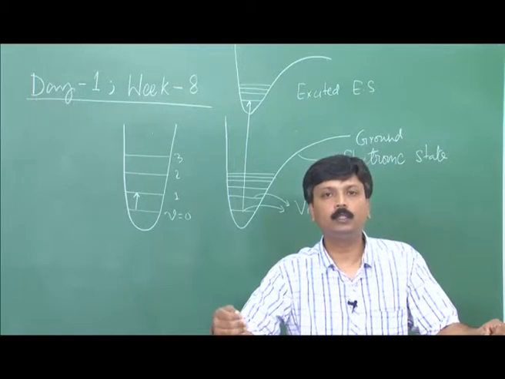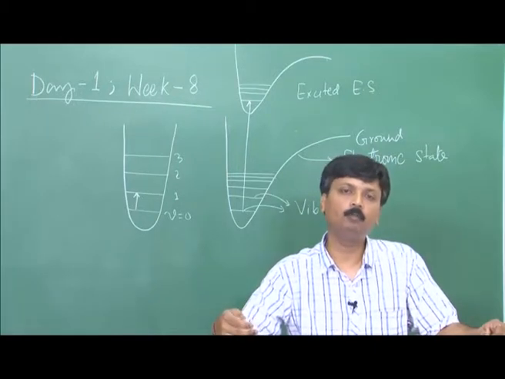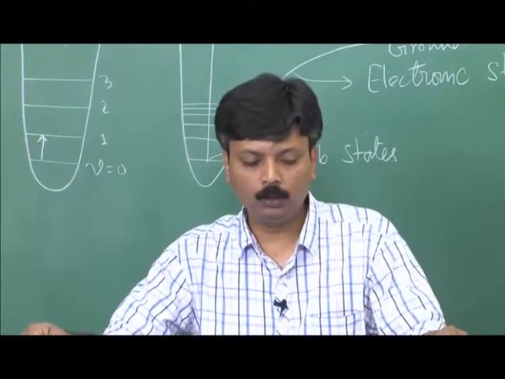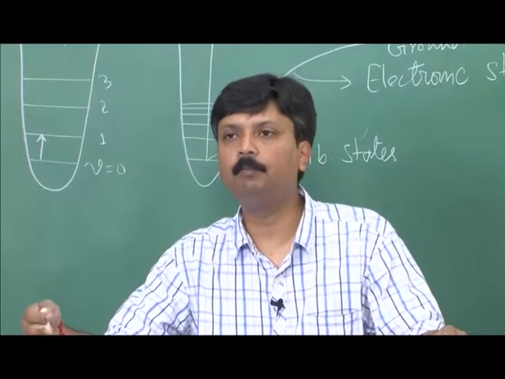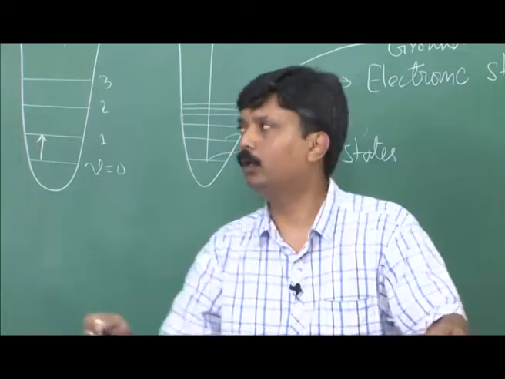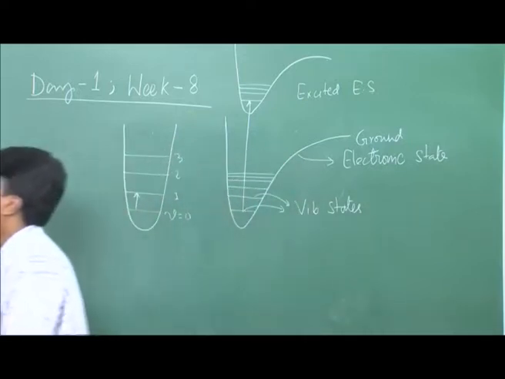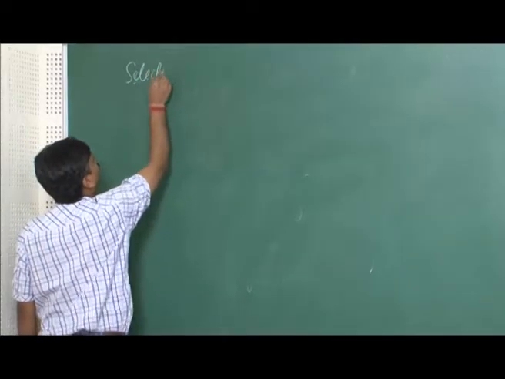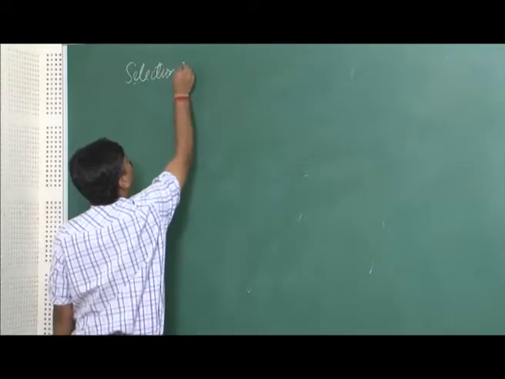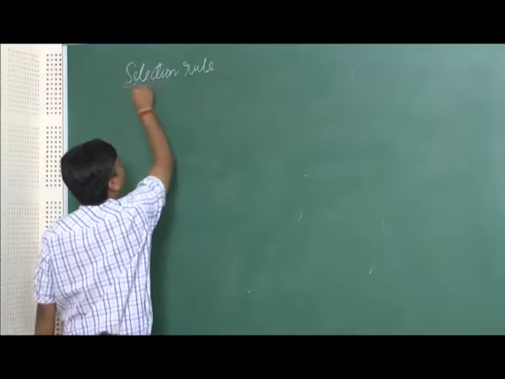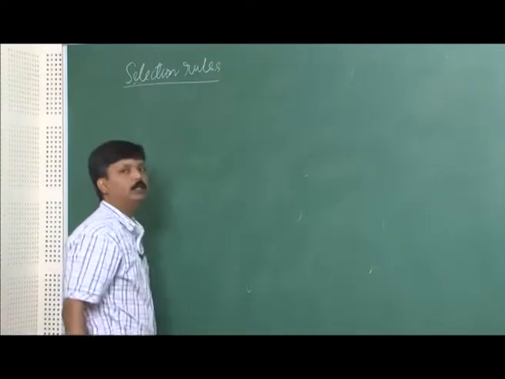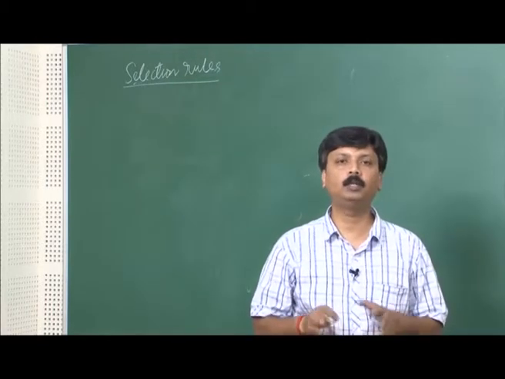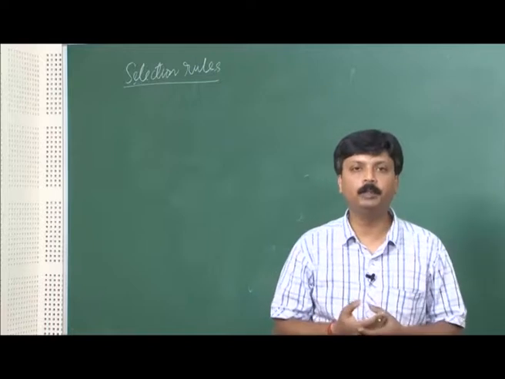How can we get all these things from our knowledge of group theory and symmetry? That is what we will look at. So, let us start from the very basic things which will lead us to the selection rules. Finally, our aim is to get the selection rules for the transition moment and the band intensities, and also we will learn about something called the Franck-Condon principle.